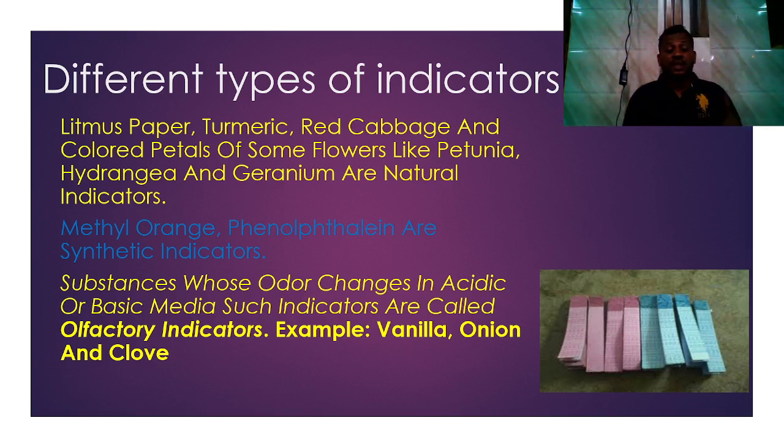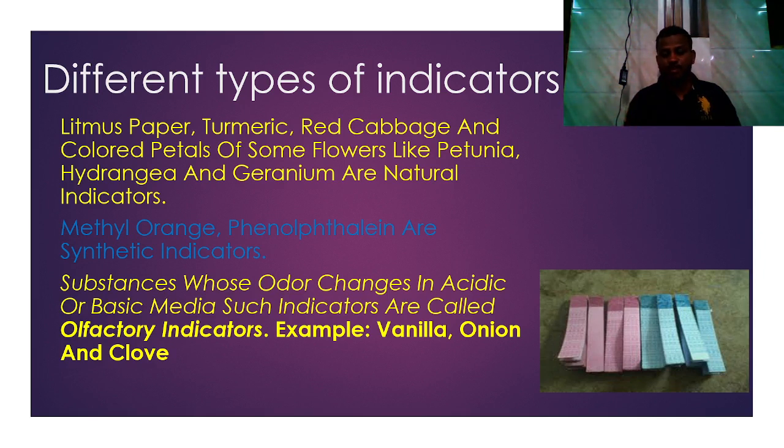The substances whose odor changes in acidic or basic media, such indicators are called olfactory indicators. It means the substances which change their odors in acidic or basic medium are known as olfactory indicators.